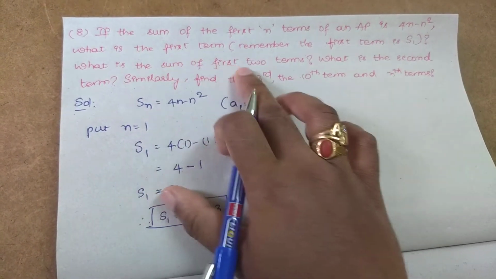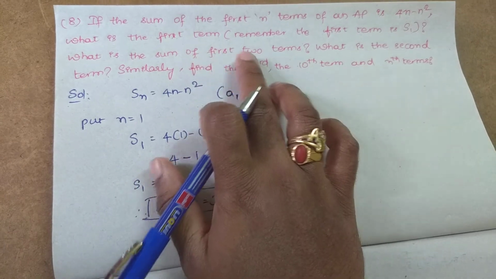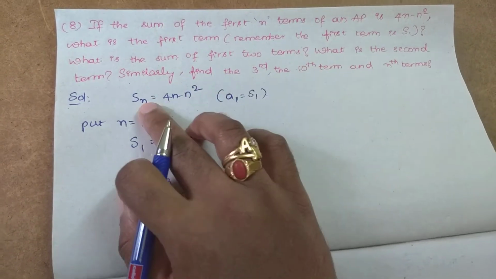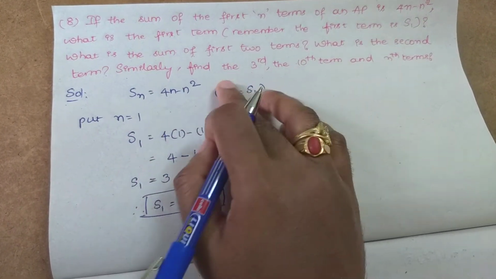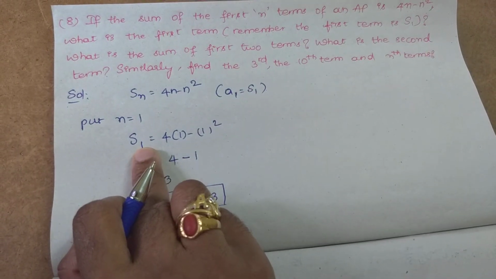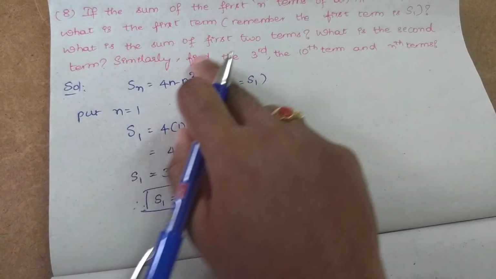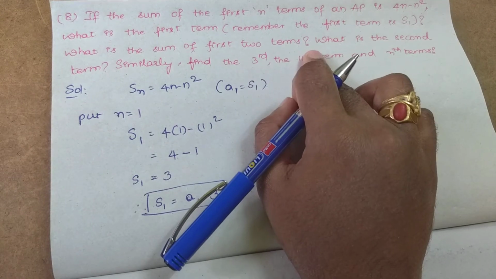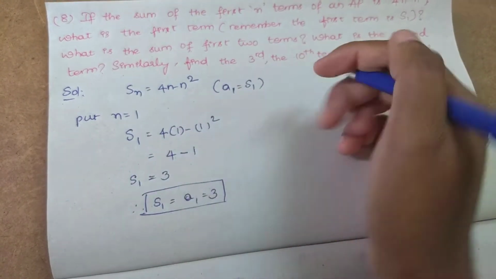They asked us to find the sum of the first two terms. Here the sum of n terms is this. To find the sum of the first two terms, n will become 2.